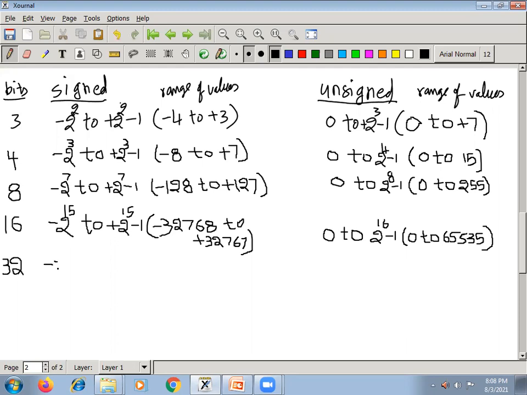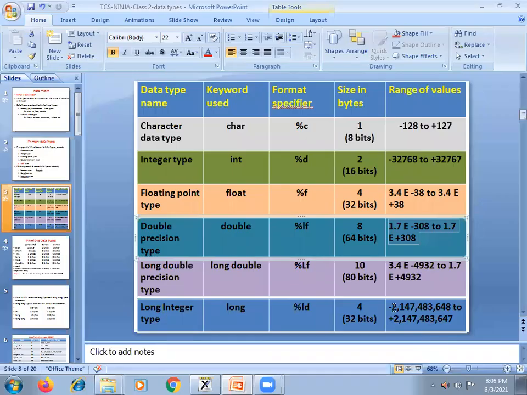It is nothing but minus 2 power of 31 to plus 2 power of 31 minus 1. If you write the range of values, minus 2 power 31, what is the value of minus 2 power 31? You can see here, you can remember like this.